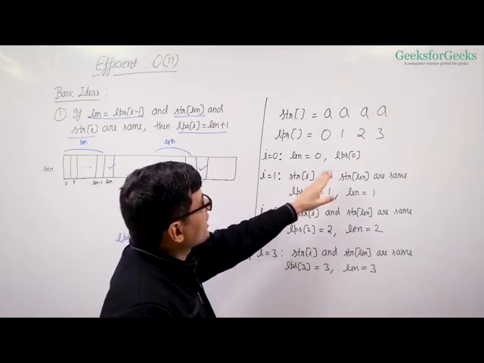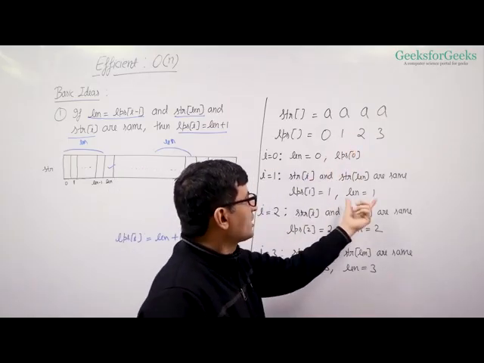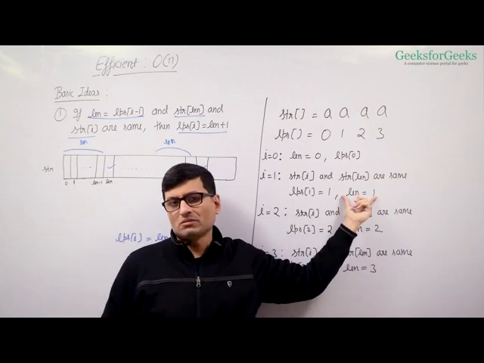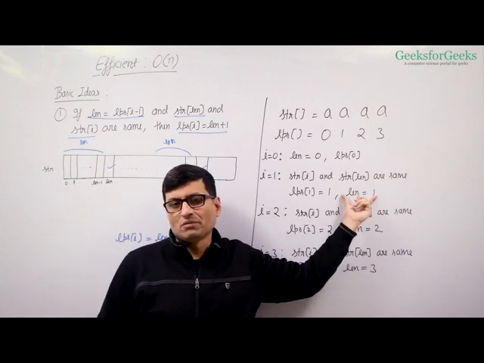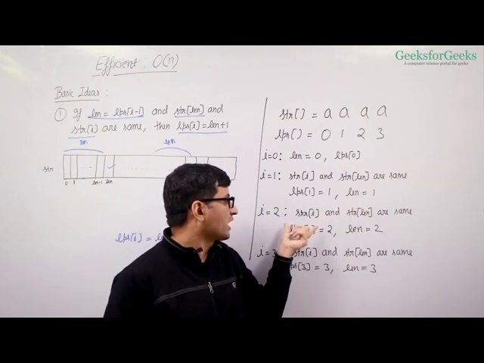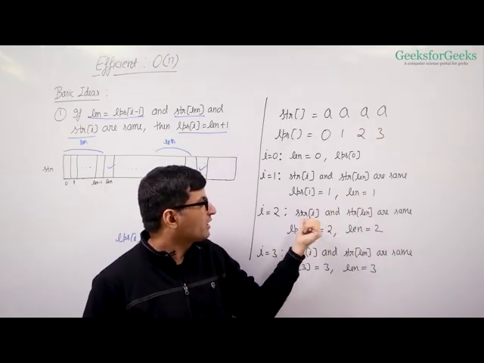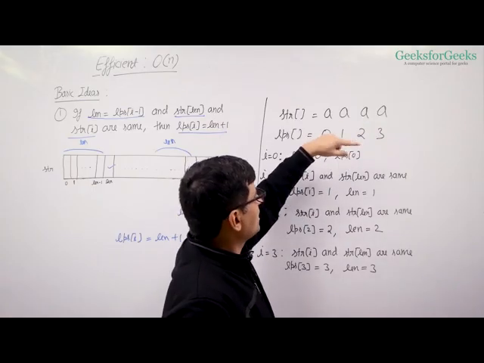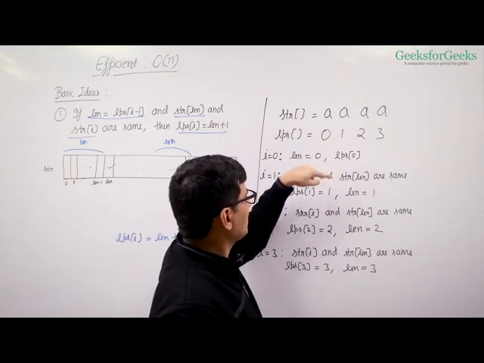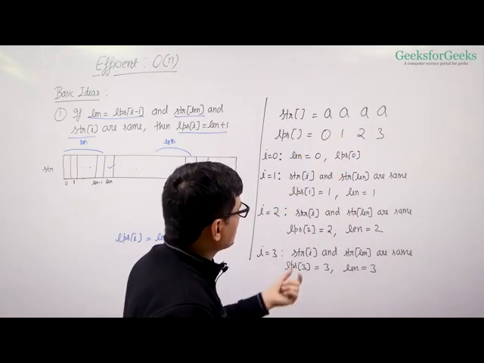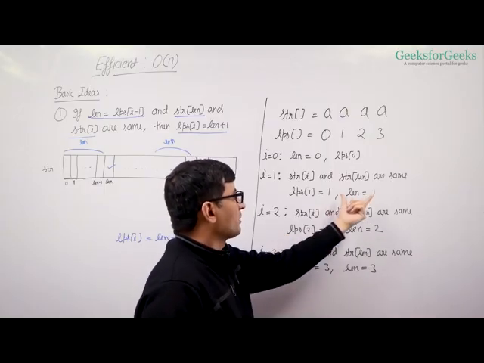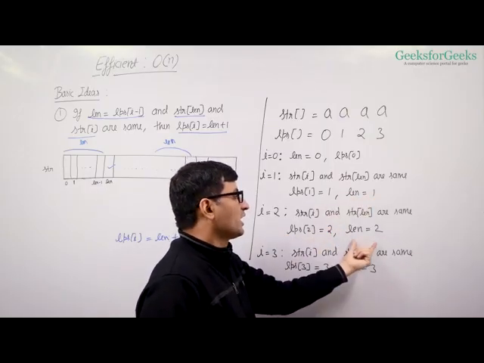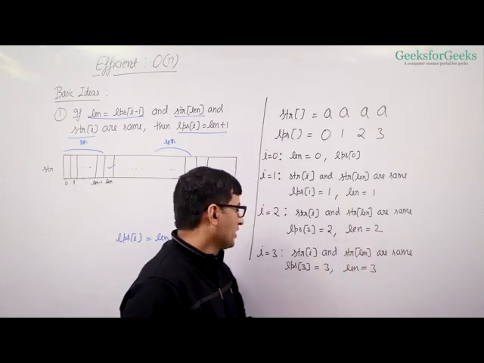Now when we are at I equal to 2, our length is 1, because this is the LPS value of 1. So we compare str 2 with str of length, which is str of 1. They are the same, so we make LPS 2 equal to length plus 1, 1 plus 1, 2. And our length is now 2 for the next iteration.